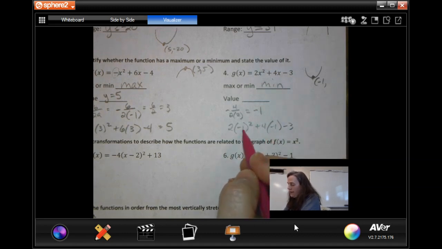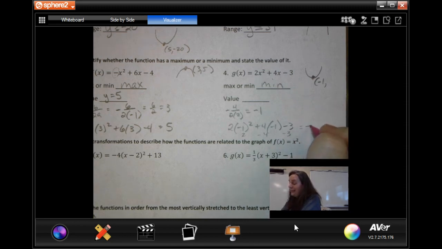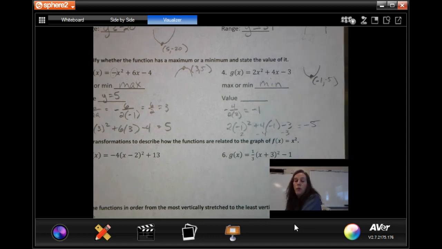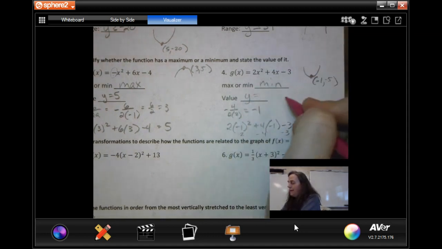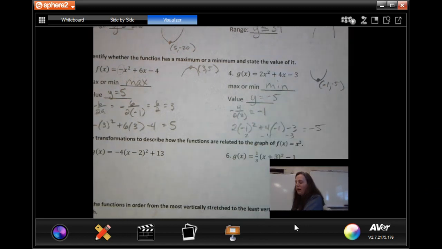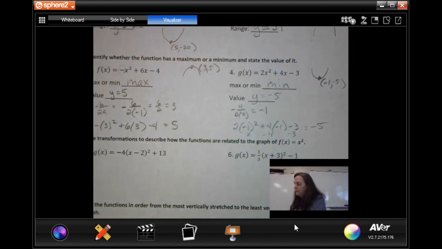So what is that? 2, minus 4, minus 3 equals negative 5. So that's our lowest point on this parabola. And our minimum, then we name it by the y, is negative 5.